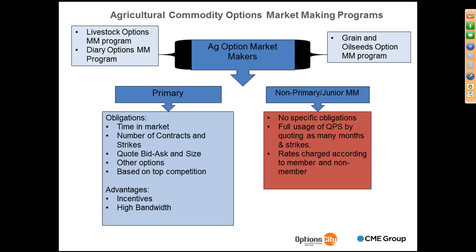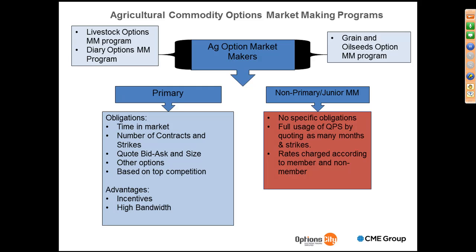When you say the top 10 slot, does that mean there's 10 primary market makers per product? Is that what you're saying? No, what I mean is there can be 20 or 30 primary market makers, but based on competition and based on a model that we have, which I'm going to talk about in the next slide, we provide fee incentives and we also provide bandwidth, which is quotes per second.